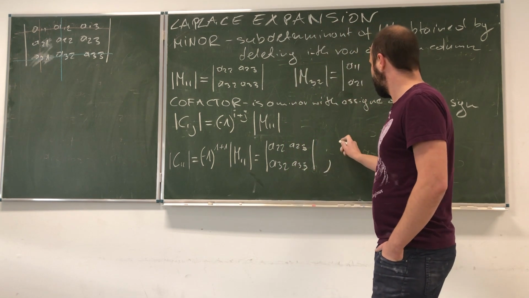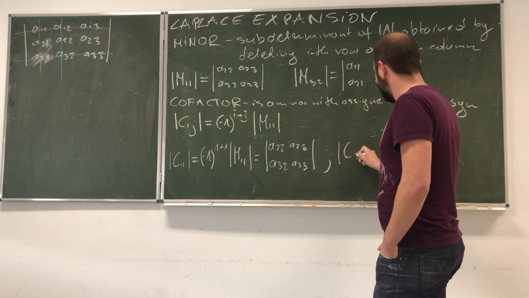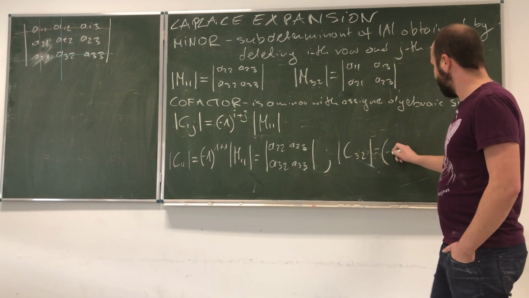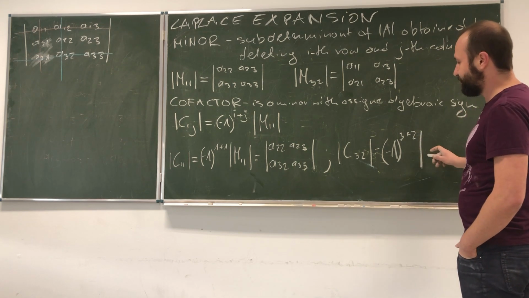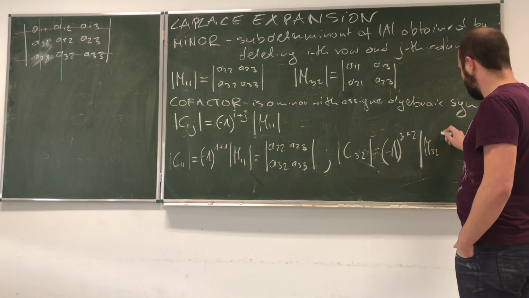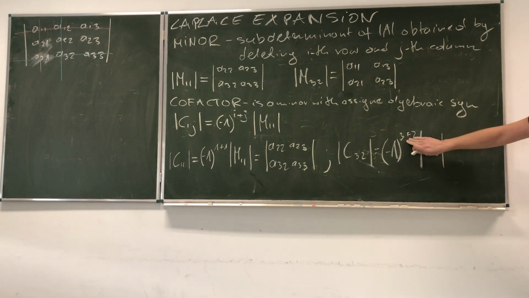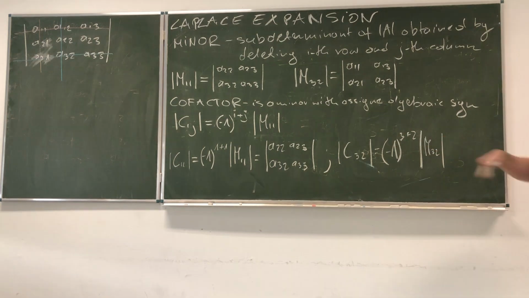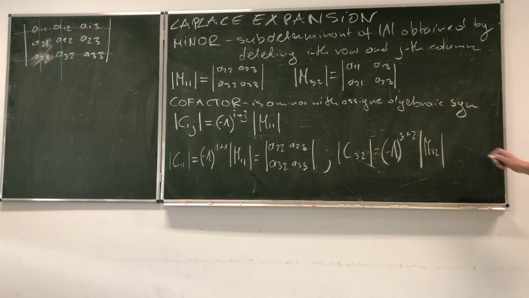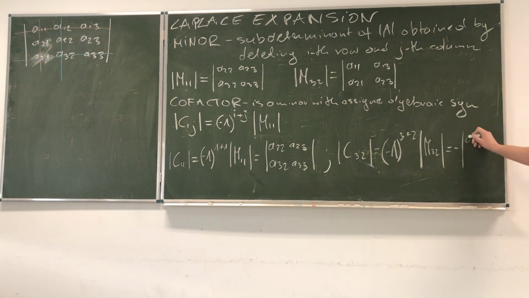Then, if I want to find cofactor C32, I'm taking negative 1 to the power 3 plus 2 and multiplying by the minor 32. Here we were taking an even power, so we got 1. Here we are taking an odd power, we get negative 1. So we obtain that this is negative A11, A13, A21, A23.